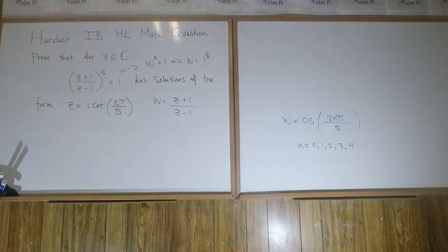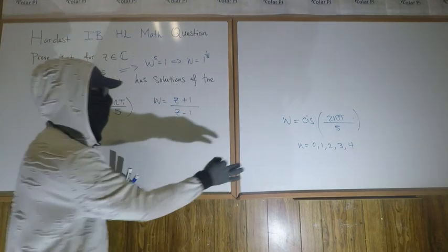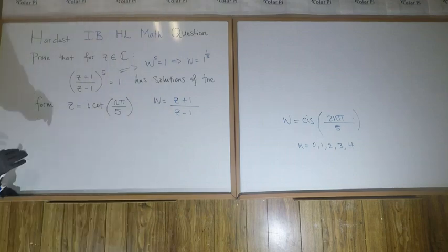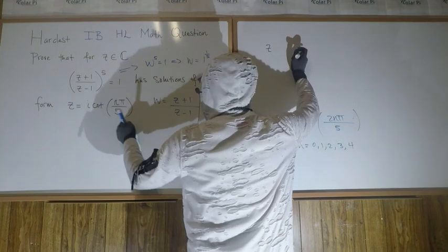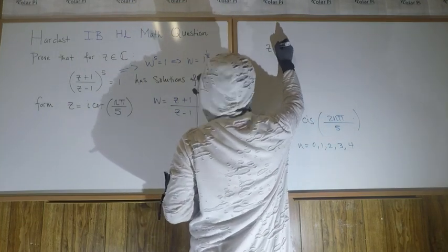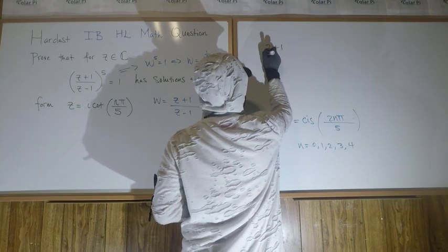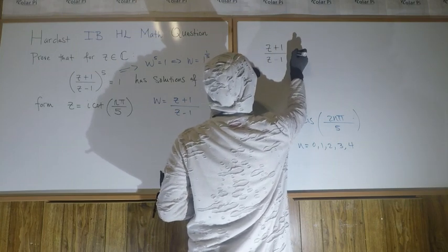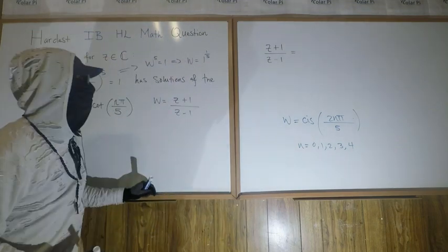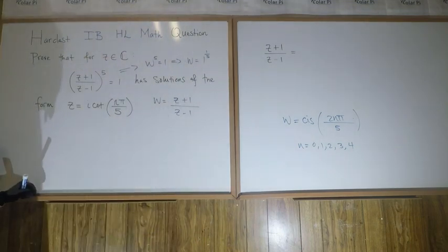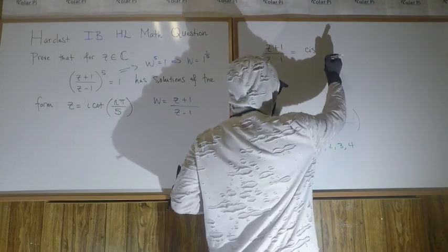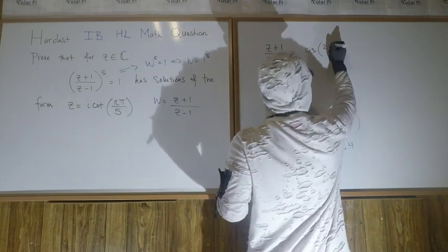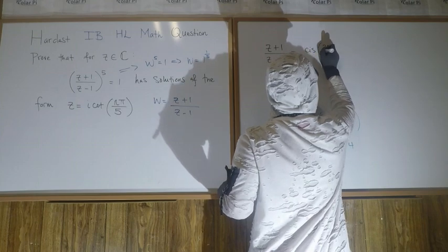But now, since w is equal to this, and we also know that w is equal to z plus 1 over z minus 1, remember, we're trying to show that z has to look like this. Let's not lose sight of where we're going. So z plus 1 over z minus 1 is equal to w, the 5 fifth roots of unity, and so that's cis 2n pi over 5.